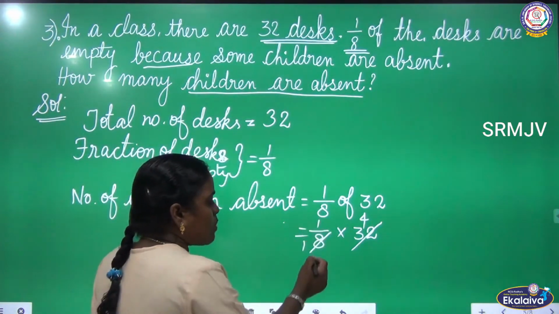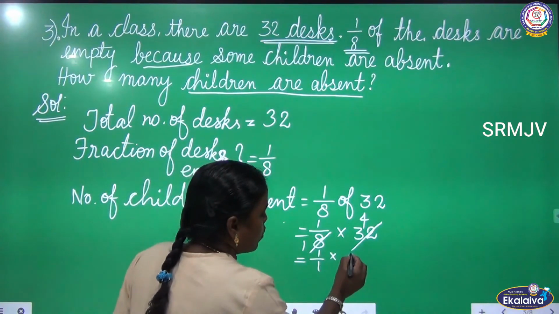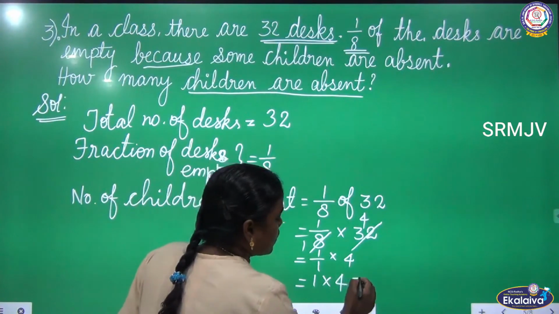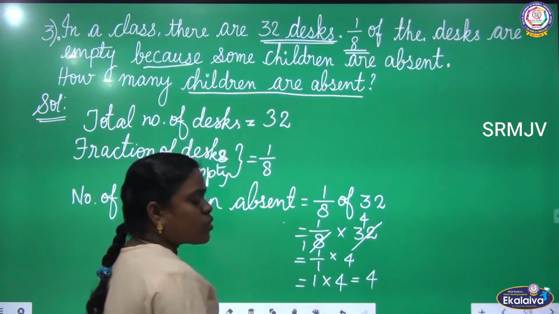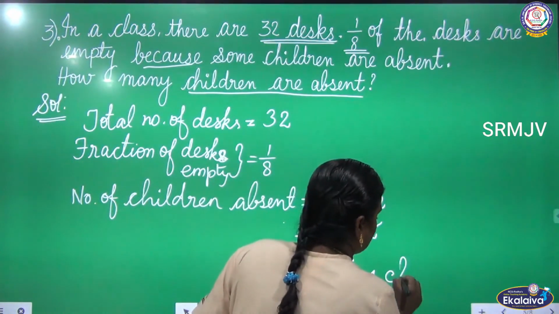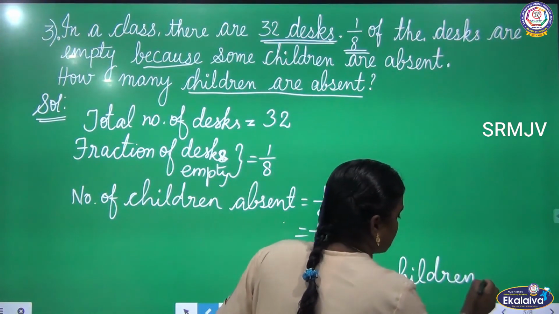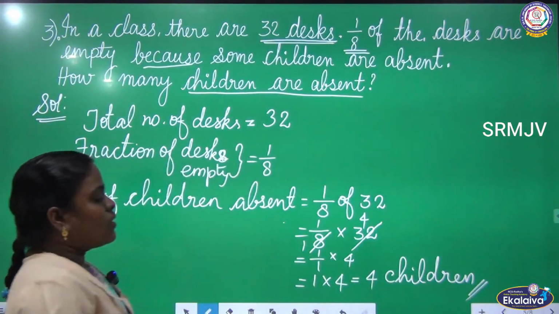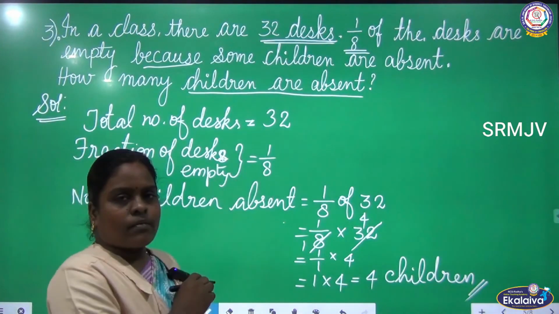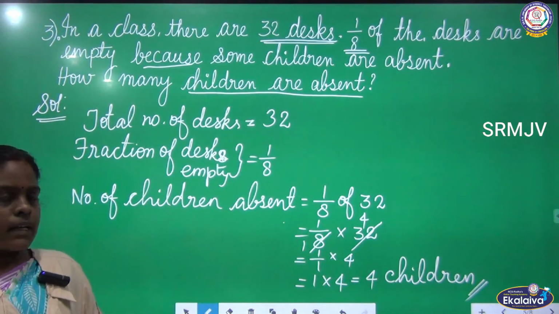So the remaining numbers are 1 by 1 and 4. So it is 1 into 4 equals 4. So how many children are absent? 4 children. So this is the answer. If there are 32 desks, 4 children were absent, so that 1 by 8 of the desks are empty.